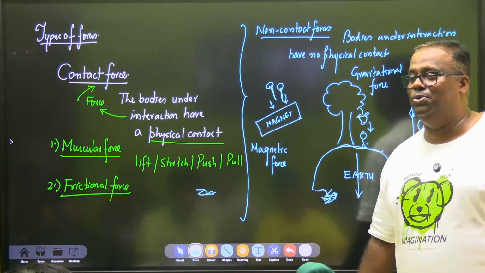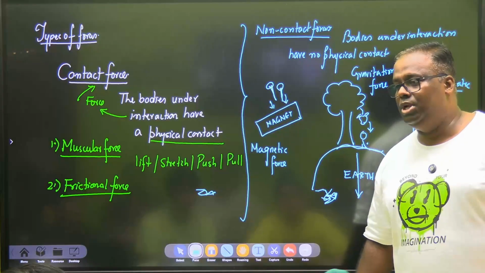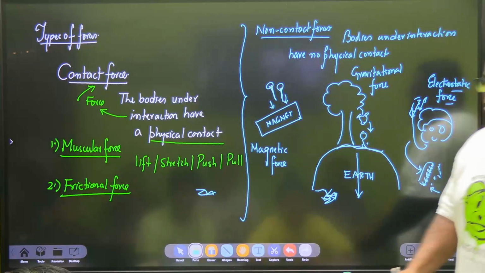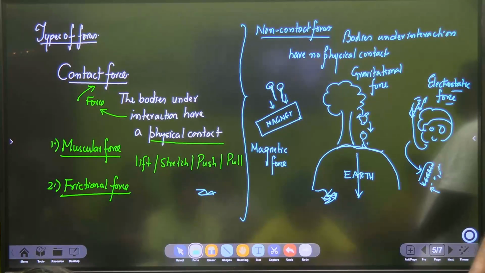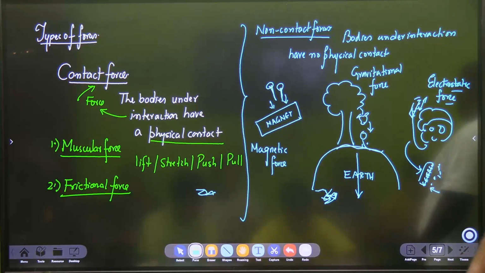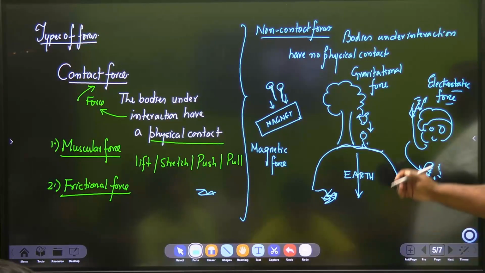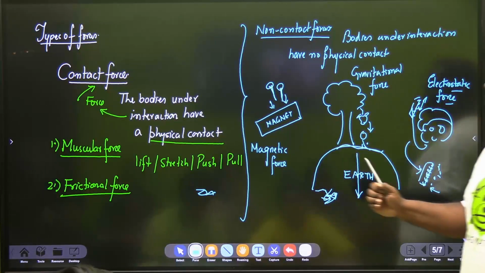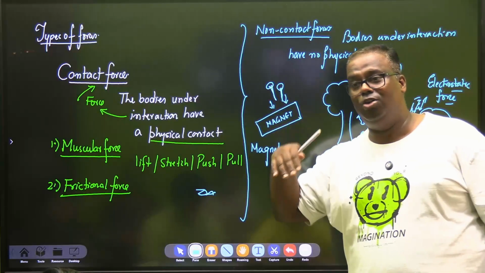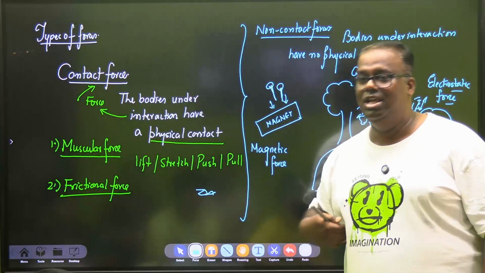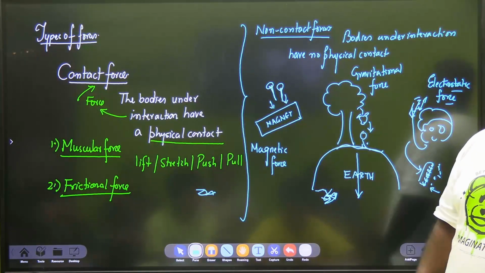repulsive also. Why? Bring two positive charges, yes, they will repel. Same poles repel. Unlike poles attract. Simple. So write that. That is very important. If they ask you what is the difference among non-contact forces, there is a thin line difference. Gravitational force is always attractive.